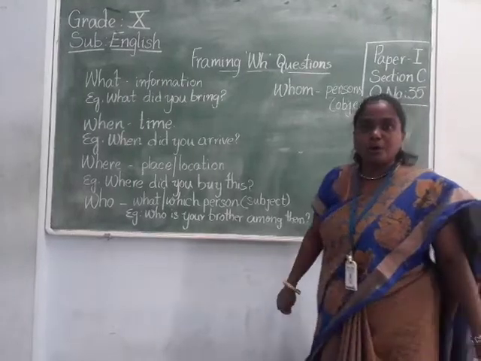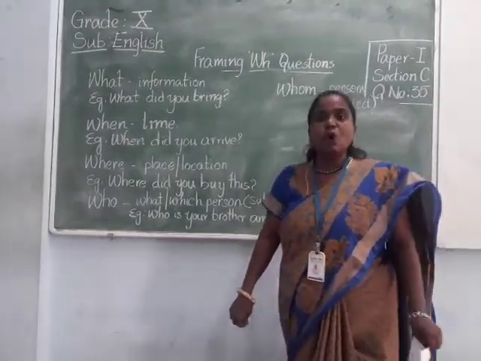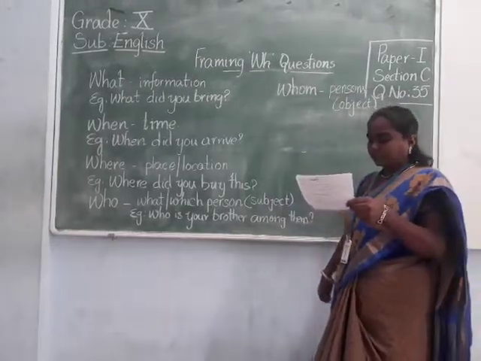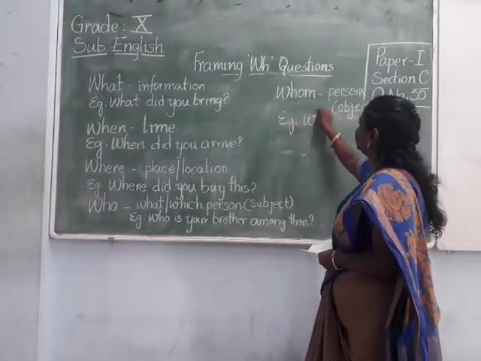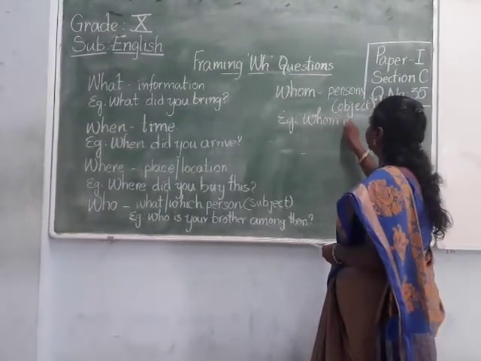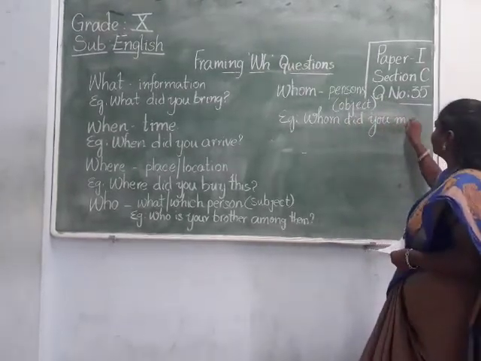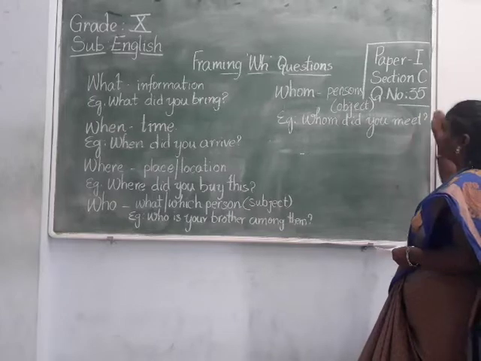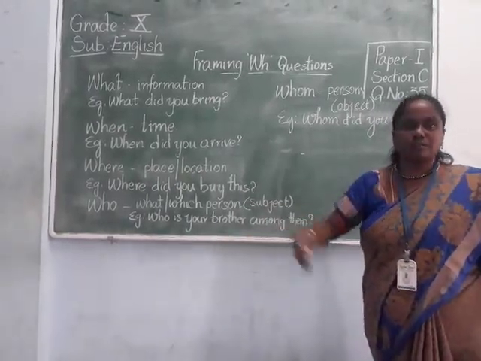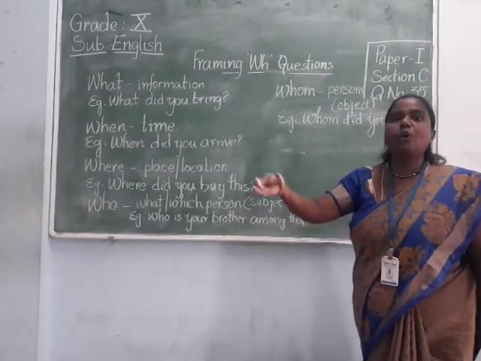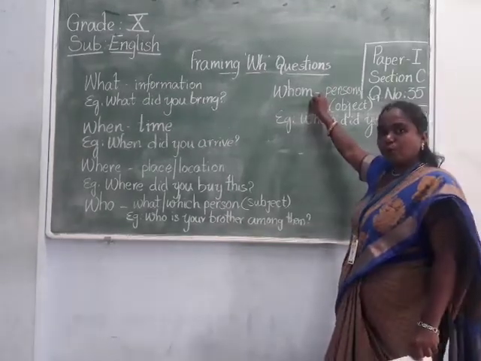For example, whom did you meet? Answer will be, I met the manager. The manager will be the object in the sentence. So, in such cases, we have to use whom.